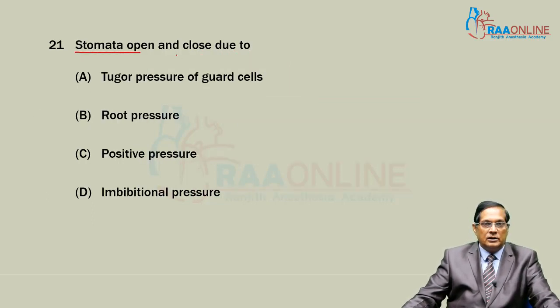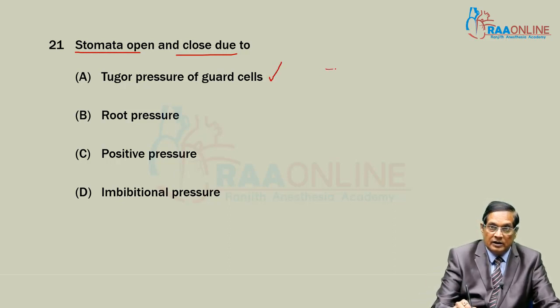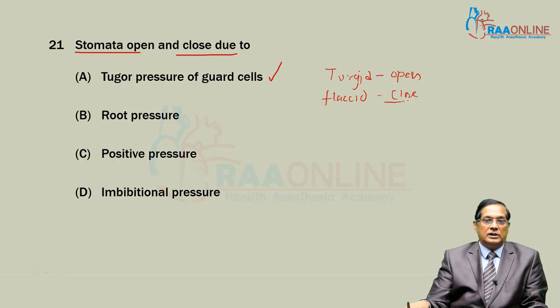Stomata open and close due to, number one, the guard cell turgidity. If guard cells are turgid, then stoma open. If guard cells are flaccid, stoma close. Because it totally depends on the entry and exit of water.